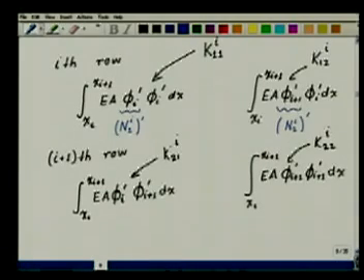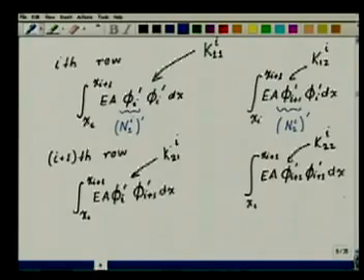So for a given element, the first entry will be EA n1 prime n1 prime. The second entry will be n1 prime n2 prime. Third, for the second row, the first entry will be n2 prime n1 prime, and the second entry of the second row will be n2 prime n2 prime.